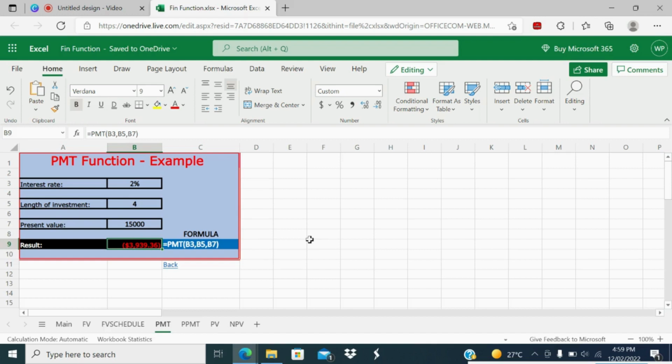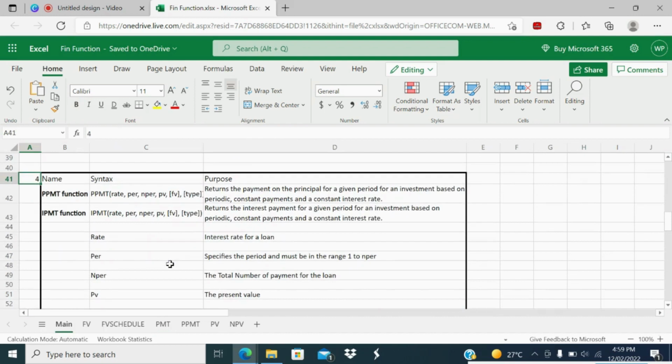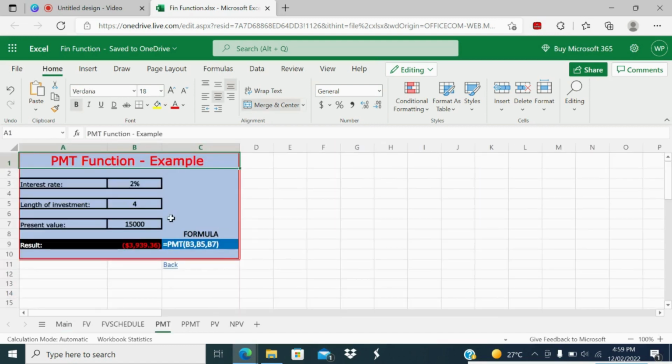Let me move on to another function, that is Ppmt function. Now what is Ppmt? There are two here. See what we learned in the previous example: how much amount I have to pay as installment. Now I don't know, in this installment, how much is the principal amount and how much is the interest.